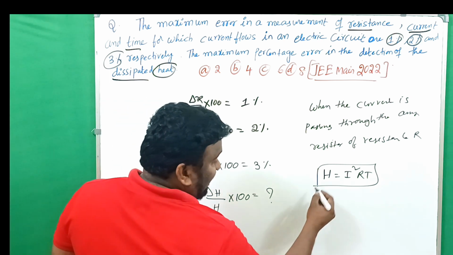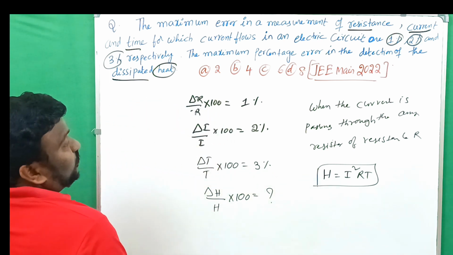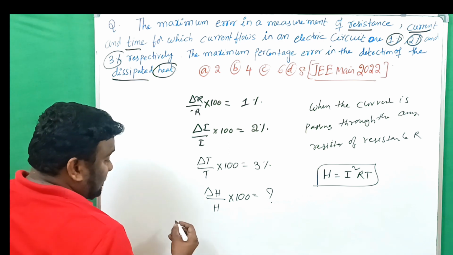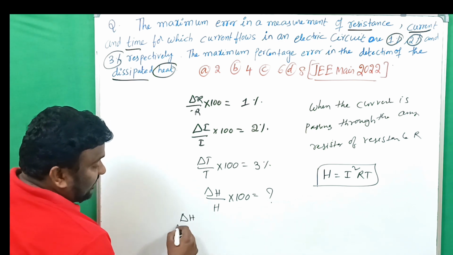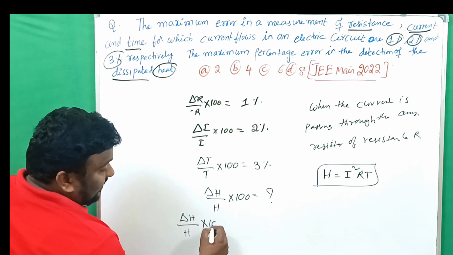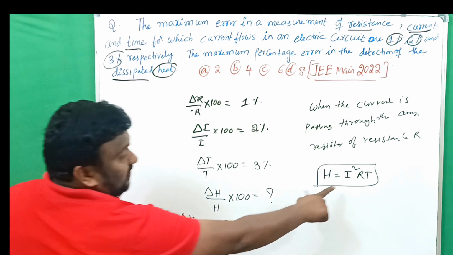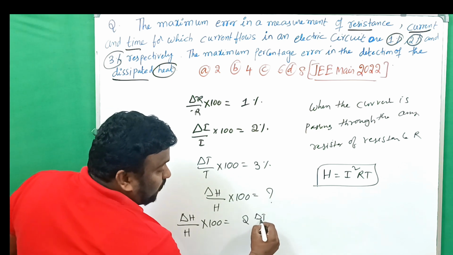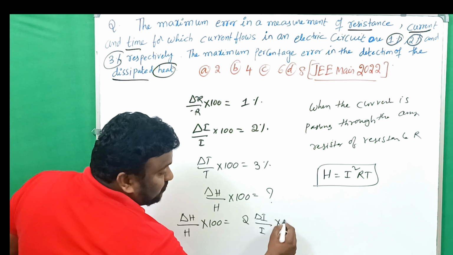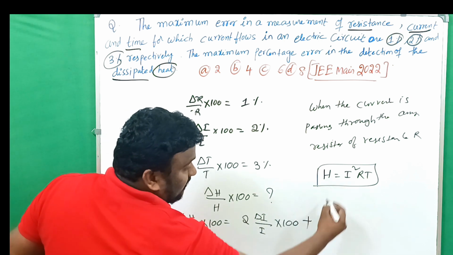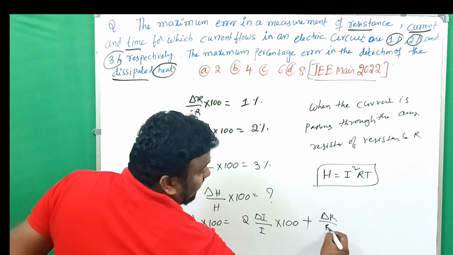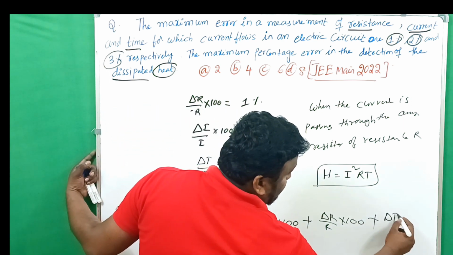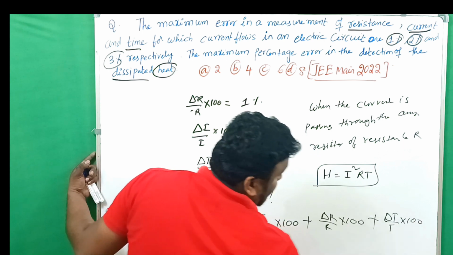Now if you want to find the percentage error, simply write delta H by H into 100 equals 2 times delta I by I into 100, since I is squared and the power comes out as a multiplier of the relative error, plus delta R by R into 100 plus delta T by T into 100.